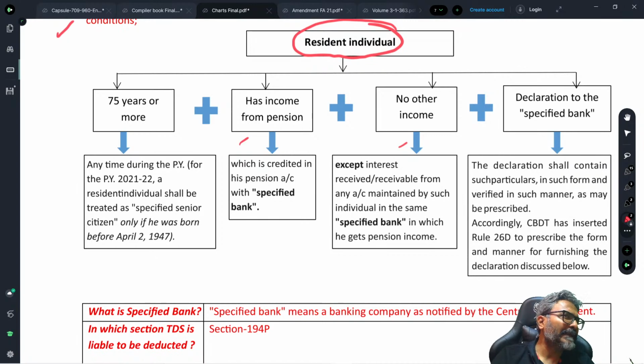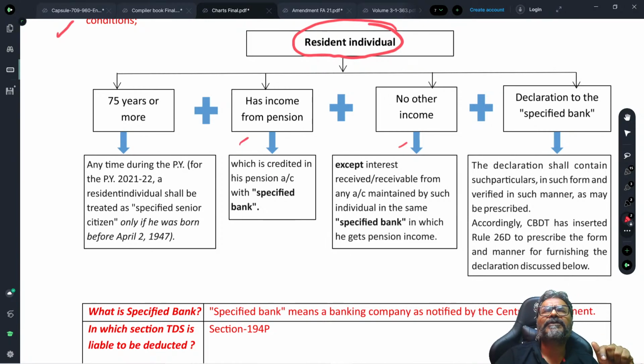Whatever exemption is available in terms of salary, only that applies. Uncommuted pension is fully taxable. We are all aware of this, so we have to go with that concept only. There is no other amendment that has been made so far as pension taxability is concerned.